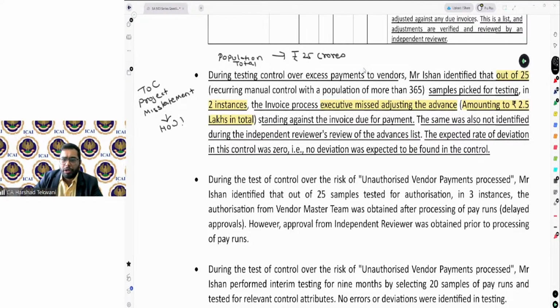And let's say the sample total was rupees 2 crores. The total of the sample was 2 crores and the total of the population is 25 crores. How will you project the misstatement?